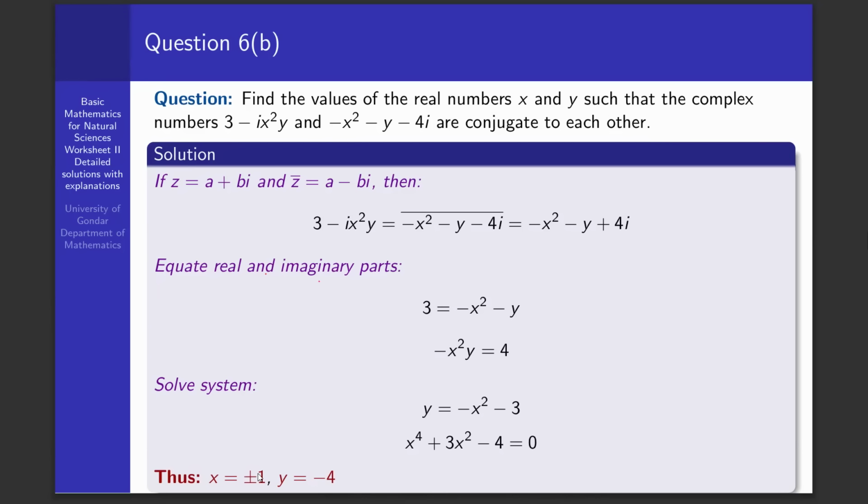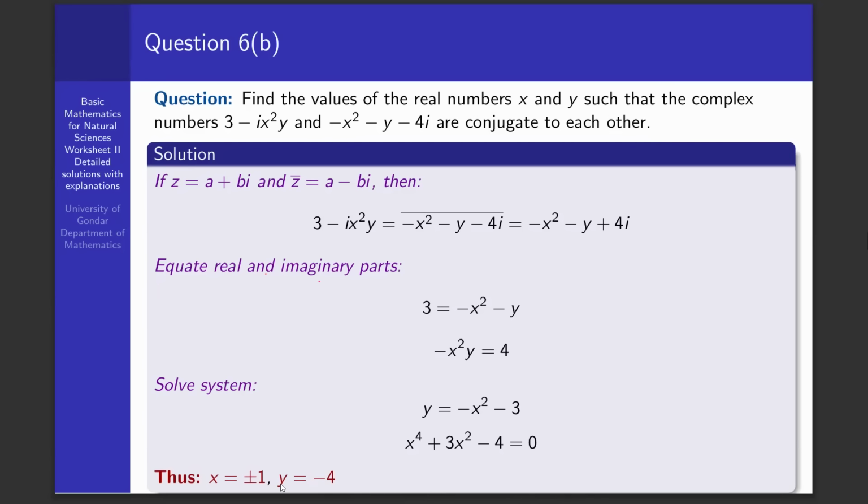Then if x is plus or minus 1, for example, if x is 1, what will be y? If x is minus 1, one of the possible values of x obtained here, and we replace it in the place of x here, we have minus 1 squared, that's simply minus 1 minus 3, which is minus 4.